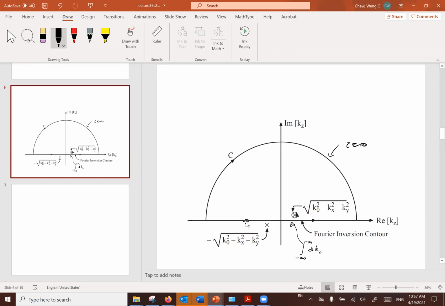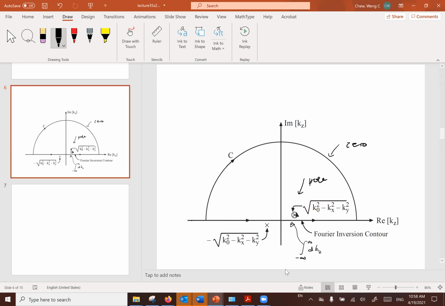And then you argue that this integration is the same as this integration plus this integration. Okay, it's the same thing, since I'm just adding a 0 integral to it. And then by Cauchy's theorem, this integration is equal to the integration of the integrand around the pole. Okay, that's where the pole is located. Okay, so this is the pole.